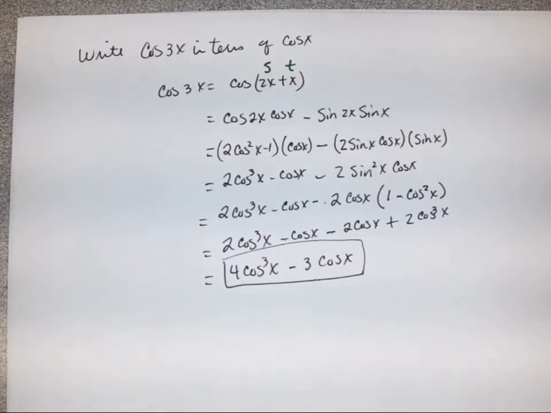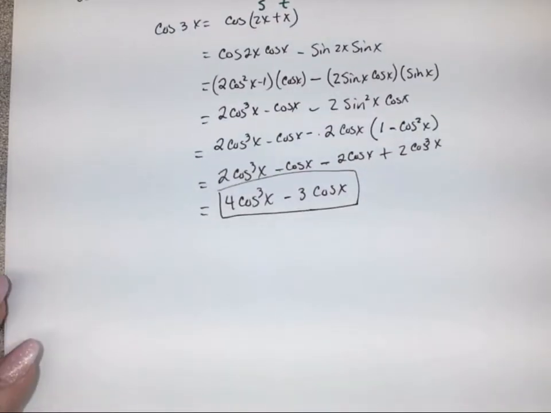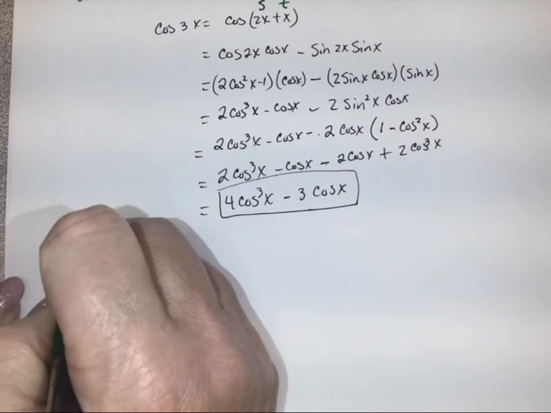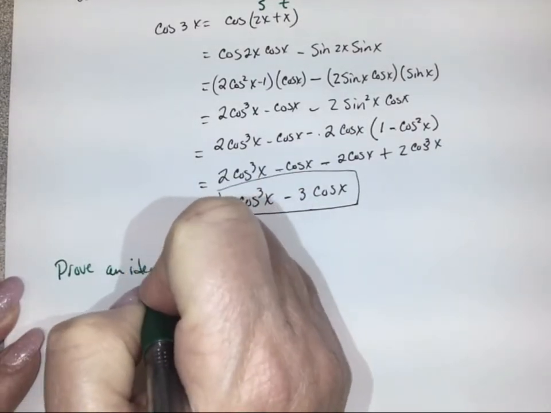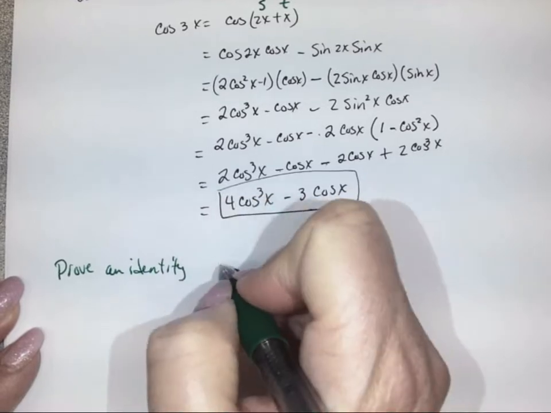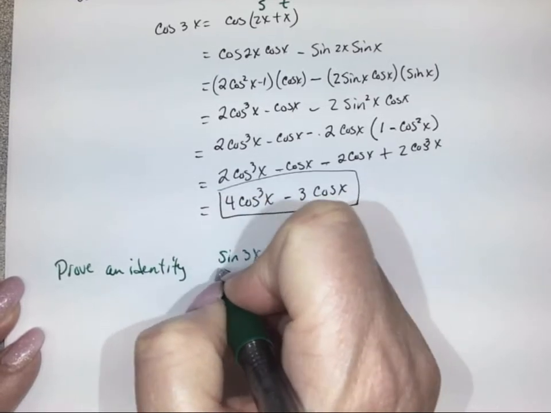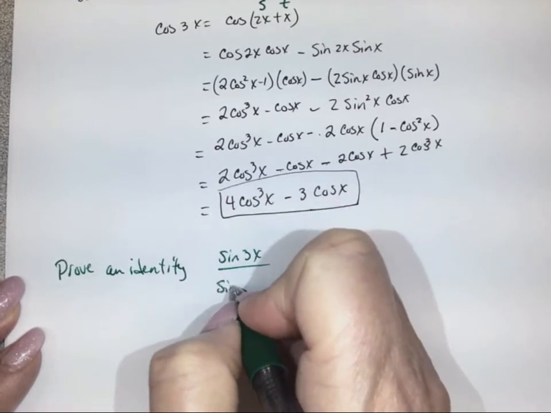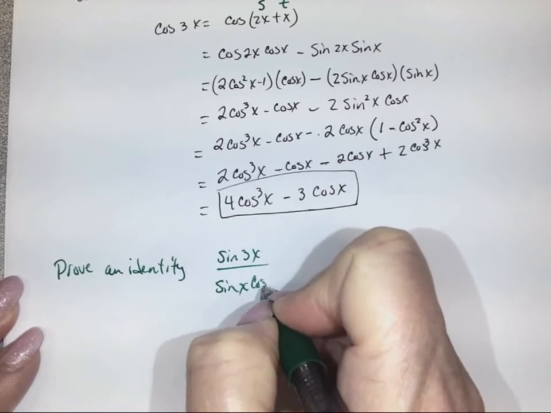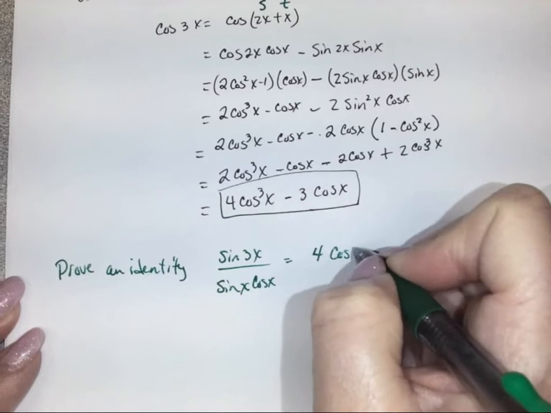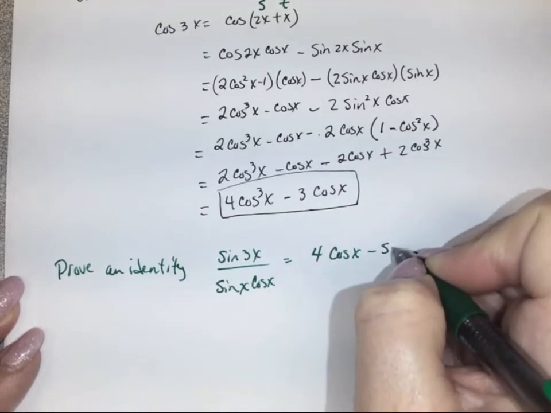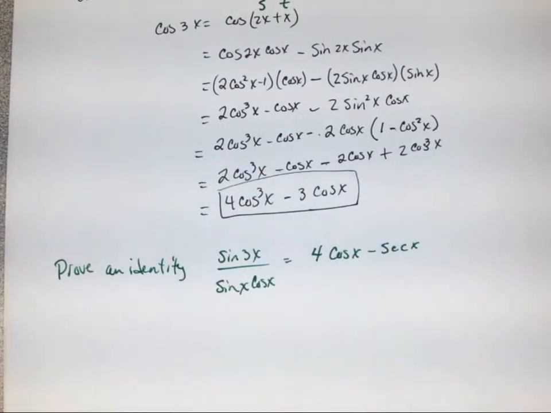All right, let's go look at another problem. So we are going to prove an identity. The sine of 3x over sine x cosine x is going to be equal to 4 times cosine x minus secant x.